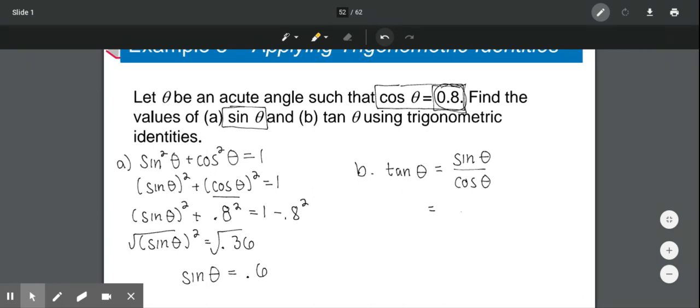Since the sine is 0.6, we have 0.6 over 0.8, right? And 0.6 divided by 0.8 gives us 0.75. So the tangent of theta in this case would be 0.75.